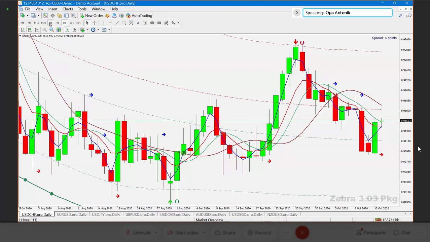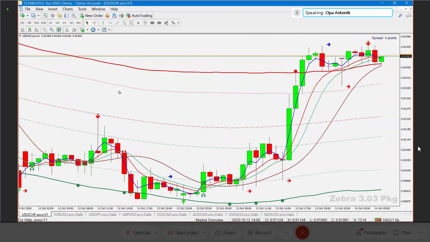Let's go down to the hourly and see what we have here. Now the hourly is showing me that we are trading above the hourly channel band, the upper band. So this is probably going to come down. We have an alert.